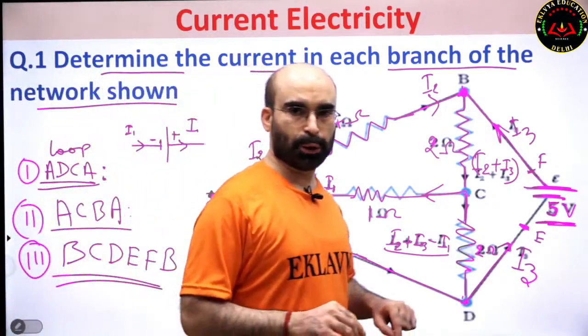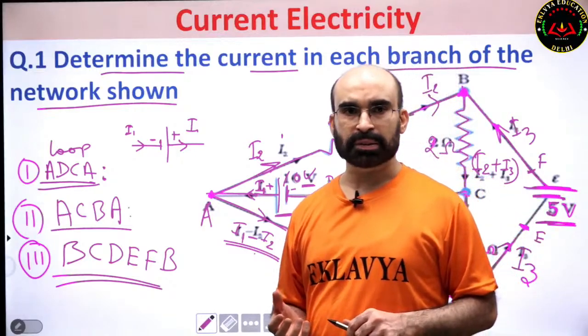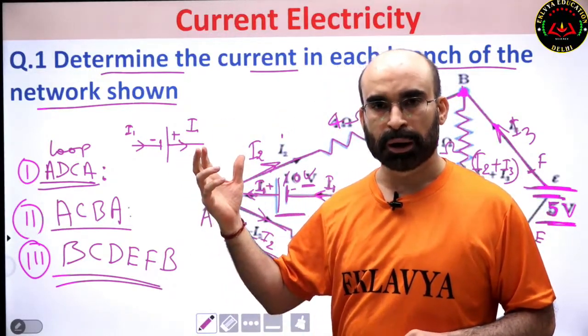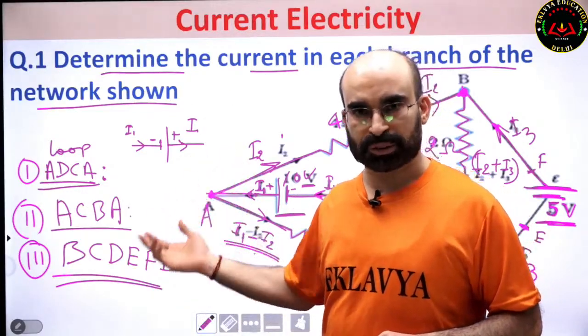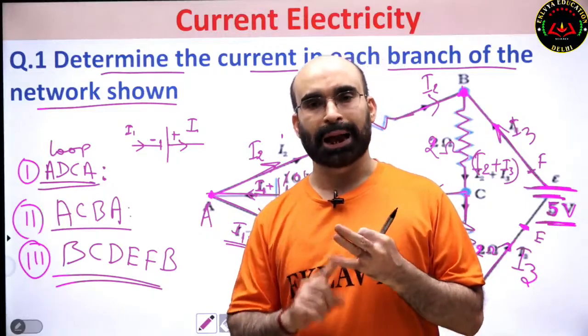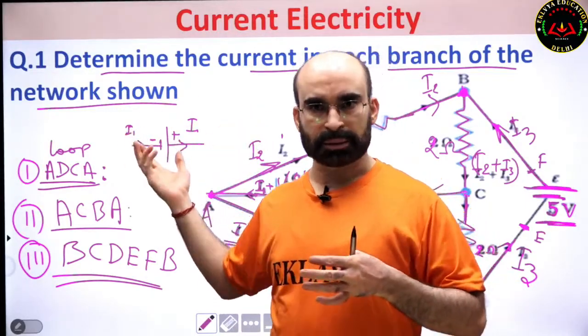And inside the 3 loops, we will add all the potential differences and put them equal to 0 in the 3 equations. We will work out the values of 3 unknowns, I1, I2 and I3, and then it is easier.